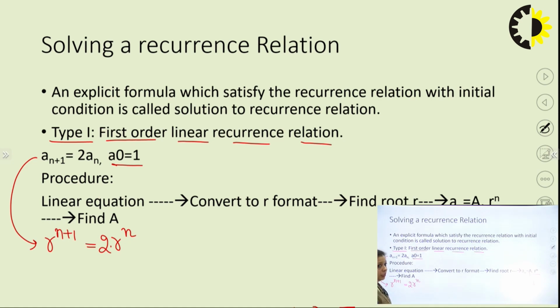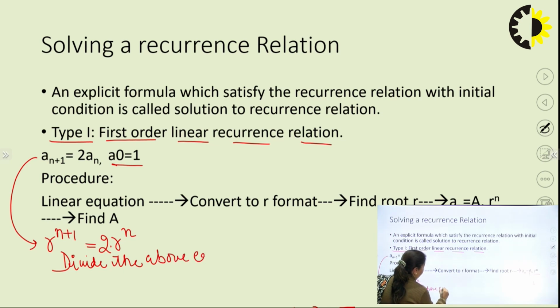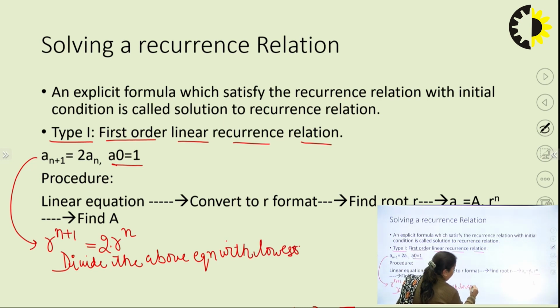Once I have done this, I need to find out the value of this R. So, to do that, the next step is divide the above equation with the lowest R value. So, if I see what is the lowest R value in this equation, here the value of R is R to the power n plus 1, and here it is R to the power n.